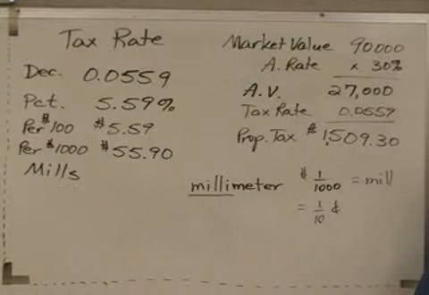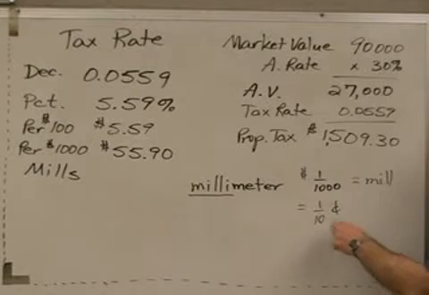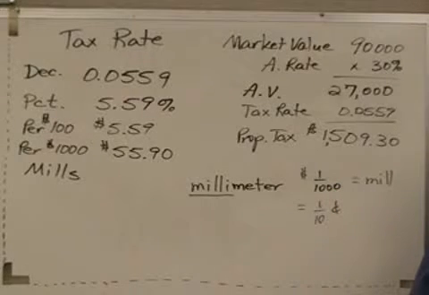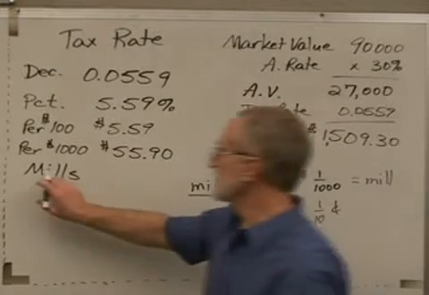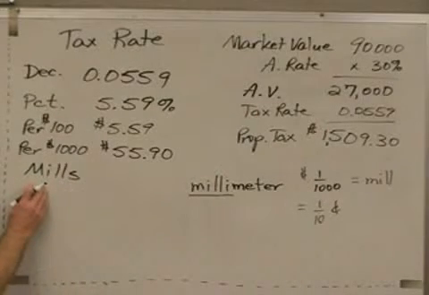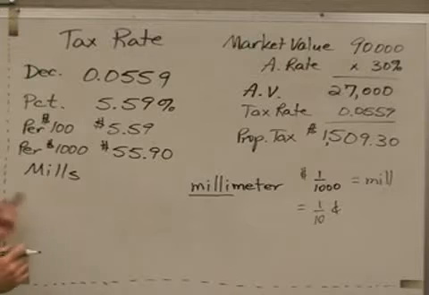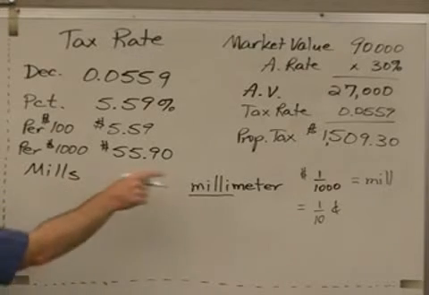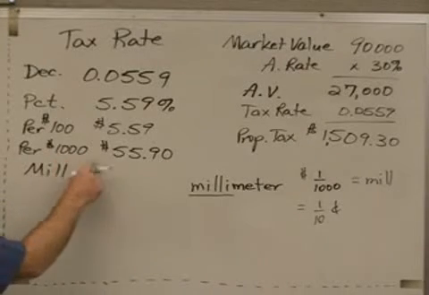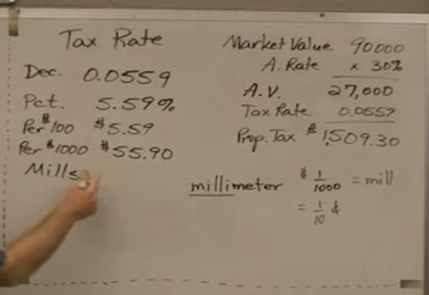Anybody ever see one of those store coupons that says cash value 1/10 of a cent? Well, that means it's worth 1 mil. So property tax rates are expressed in mils, and basically, since mils means divide by 1,000, all we have to do is drop the dollar sign on this.